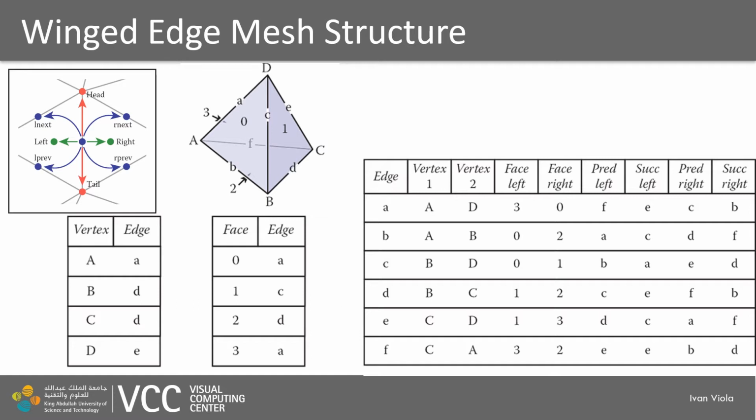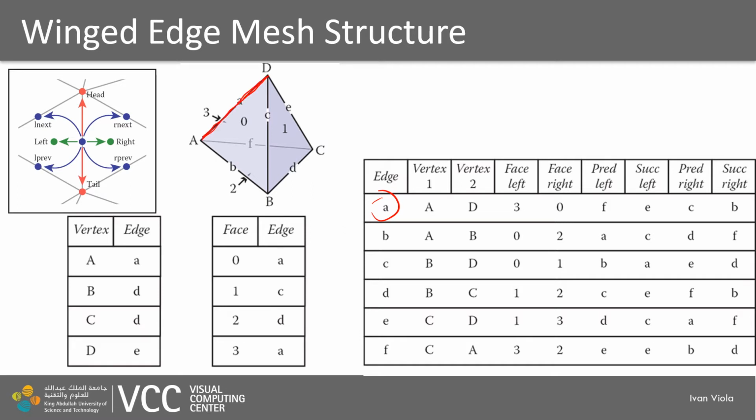Winged edge means that the edge will have some kind of wings, so you can imagine it metaphorically as a kind of bird. Let's, for example, have a look at our edge A to illustratively make a case about it.